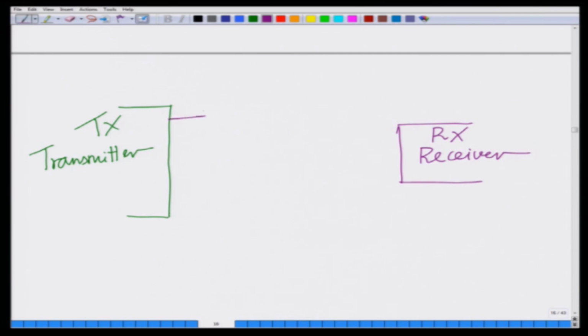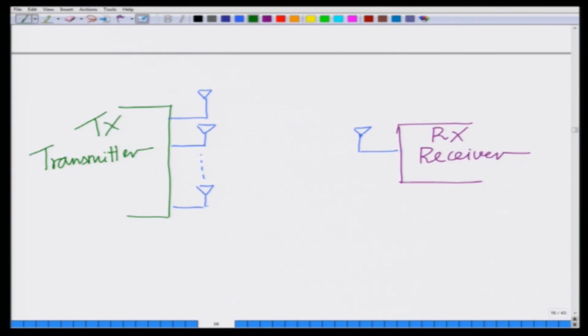I have, let us say, multiple antennas at the base station, that is, not just a single antenna but more than one antenna, and I have a single antenna at the receiver. Each of these triangles is basically an antenna.